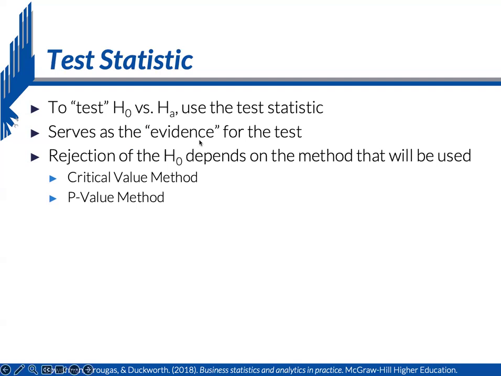Now, in determining if the test statistic is considered sufficient evidence or not, there are two methods that we can use. The first one is called the critical value method, and the other one is the p-value method. Later on, we will discuss how these two methods differ in terms of the procedure, but whether you use this method or the other one, they will both result in the same decision.